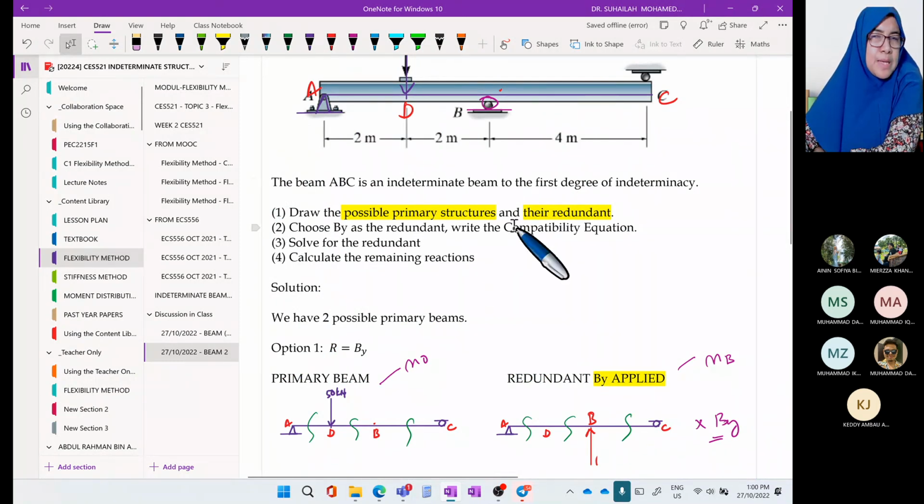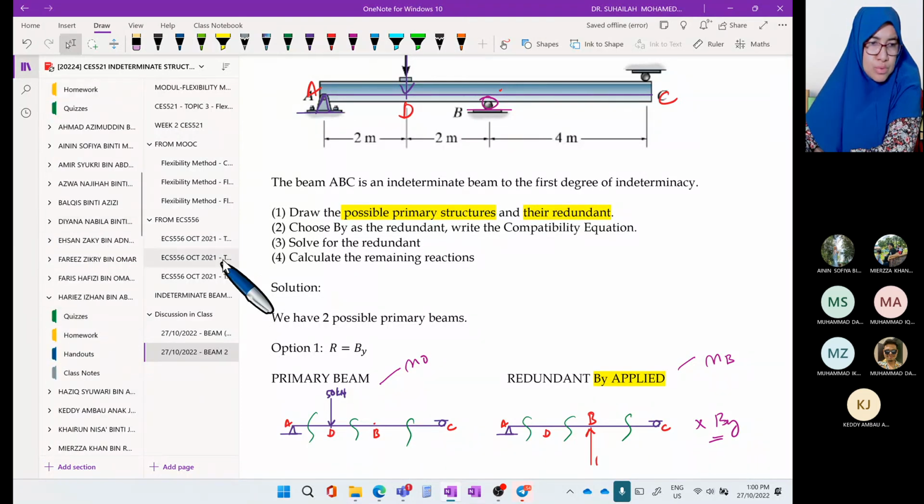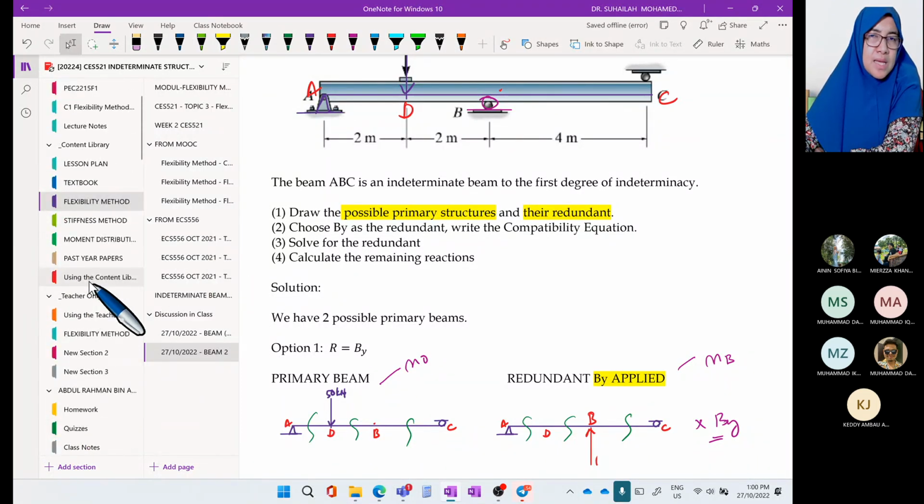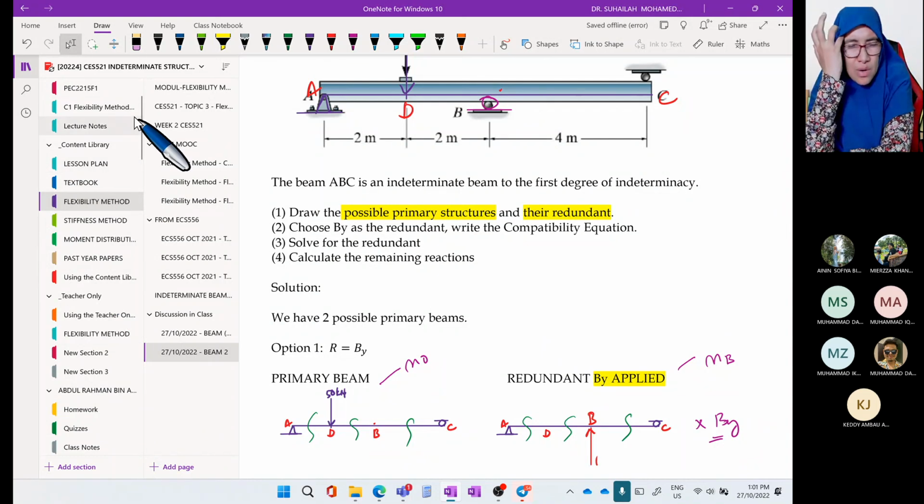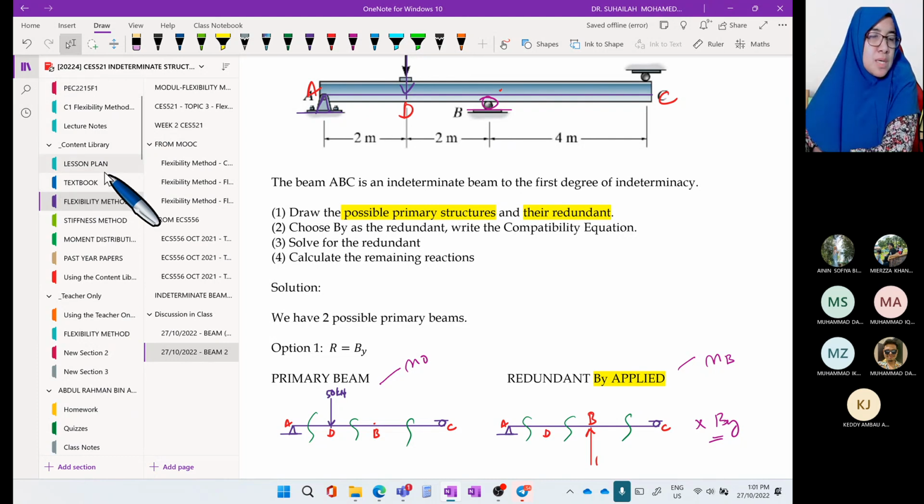Please continue to calculate the redundant and the remaining reactions, and after that please upload your answer in your class notebook. I will assign it as an exercise for this week, as a formative assessment for this week. You will upload and insert your answer in the link I gave. That's all for today's session.